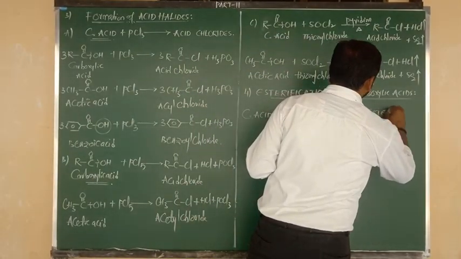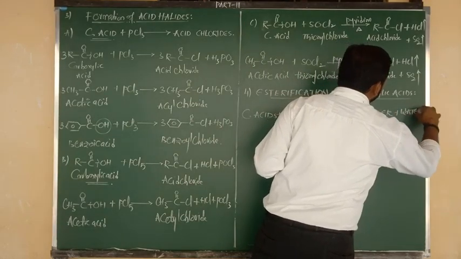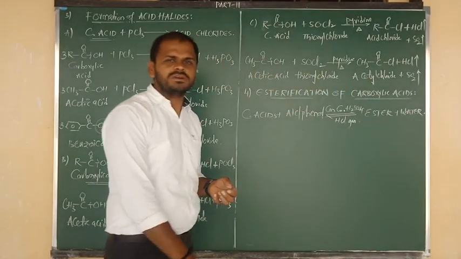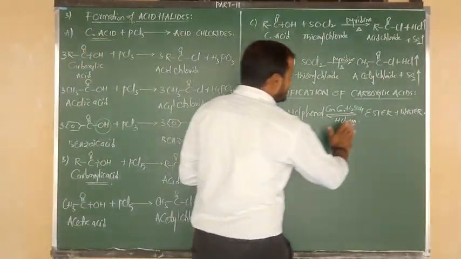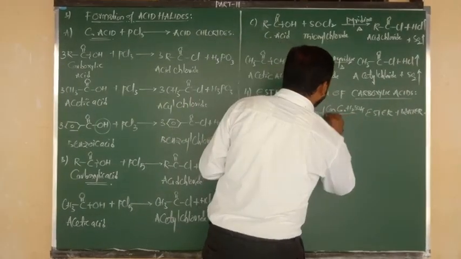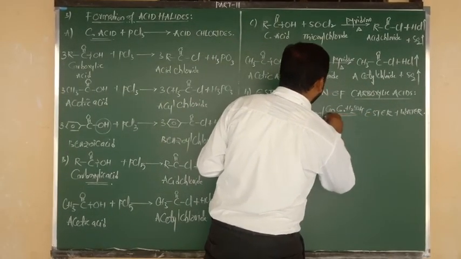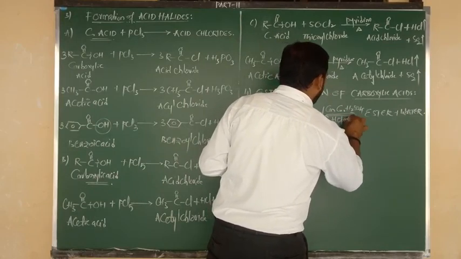The product is nothing but what? Ester, and along with ester we get the byproduct, that is a water molecule. And, sir, how can we say whether ester is forming or not? How can we say? We can identify by the what, Nana? By the odor.